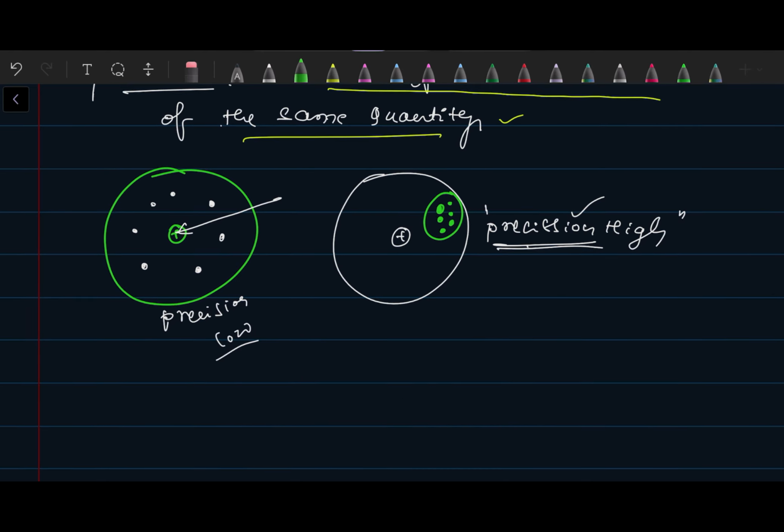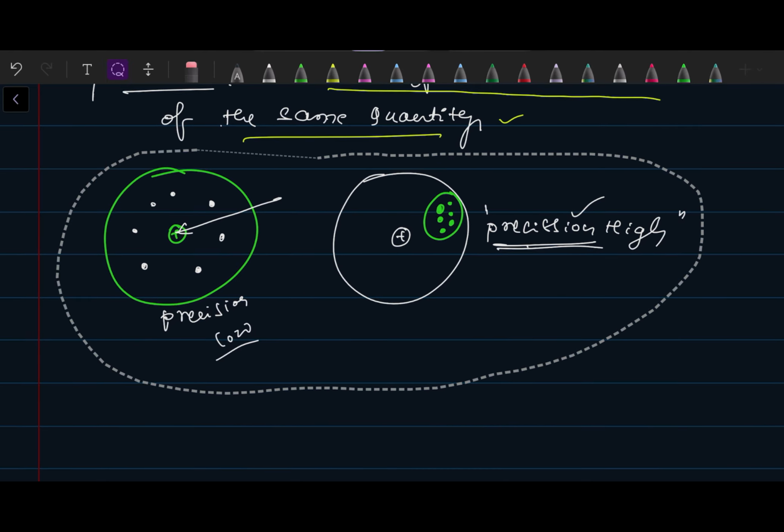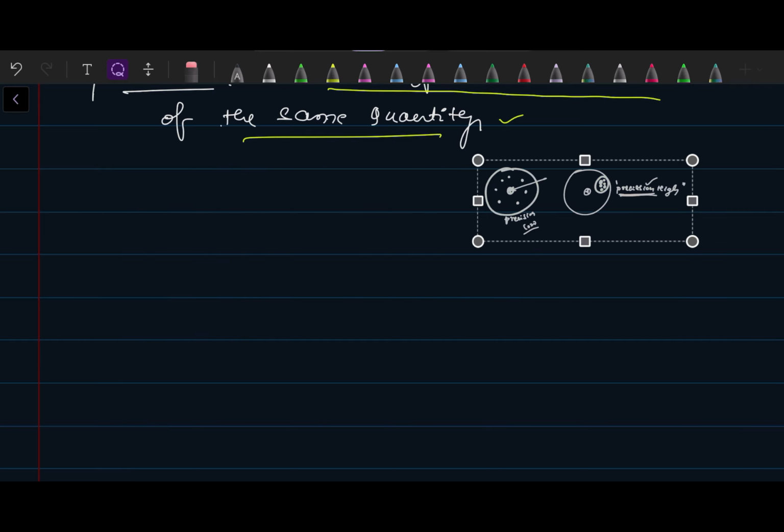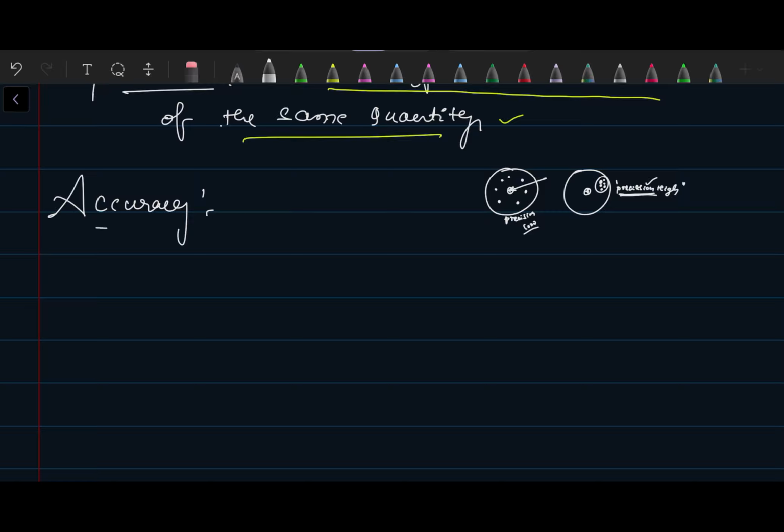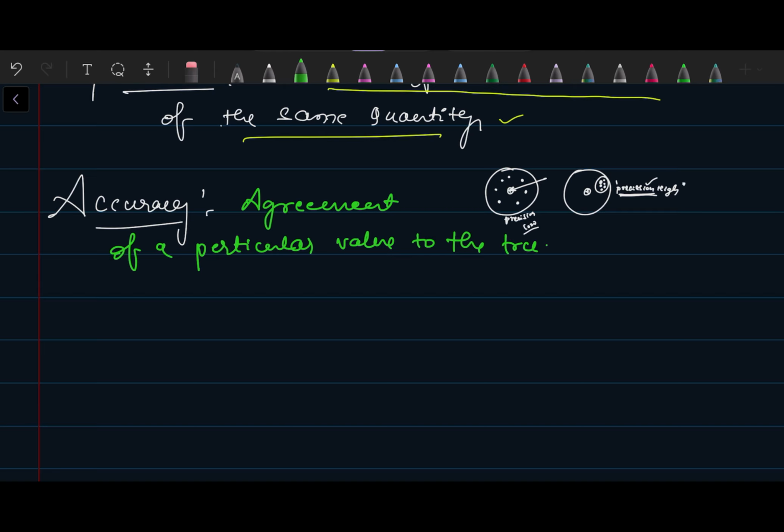When it comes to the second one, that is accuracy. Accuracy is nothing but the agreement of a particular value to the true value of the result.